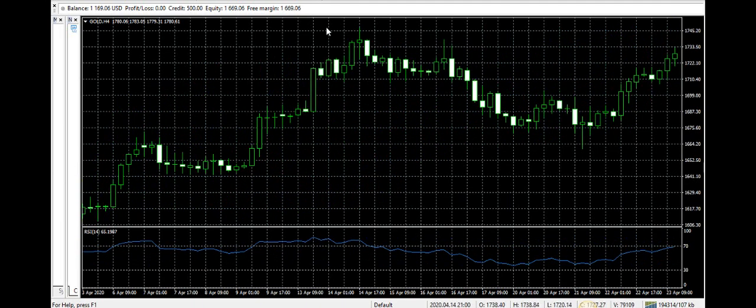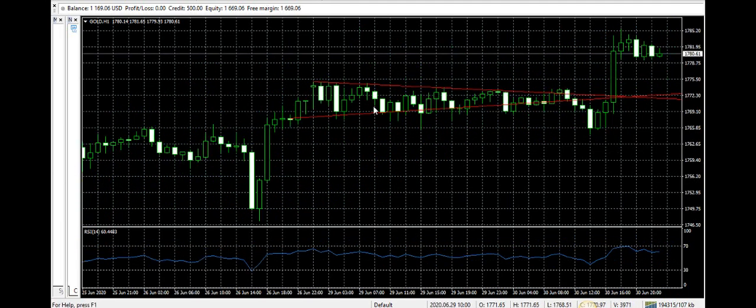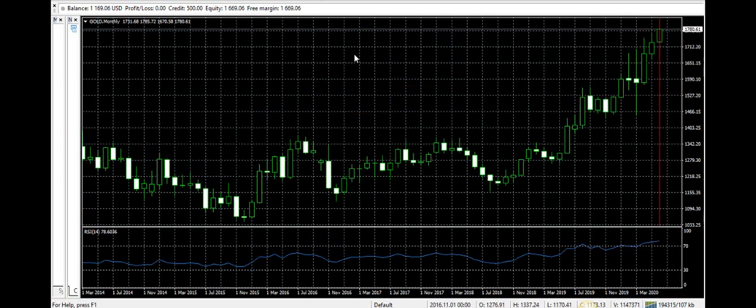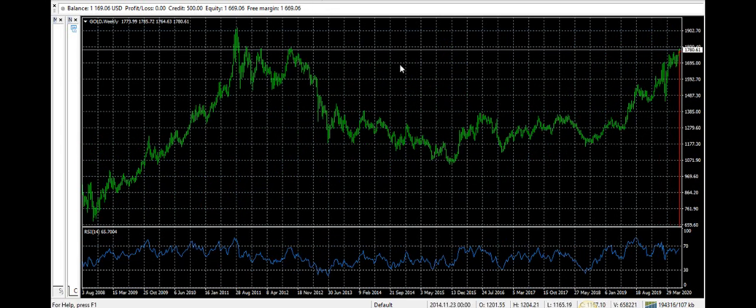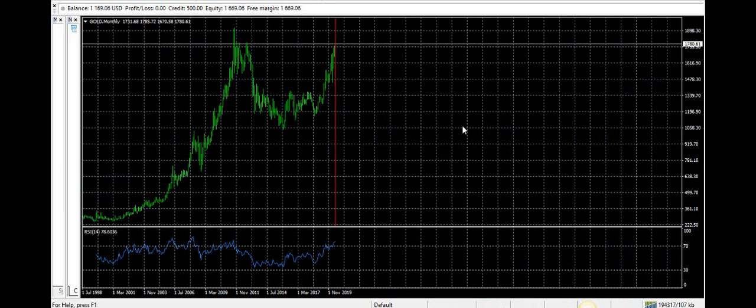So that's really it. We get a baseline picture of where trend is from the monthly down to the weekly, and from lower time frames, we'll go from there. But you really just want to look at the big time frames, and this will start to give you an idea. Really, we're kind of creating a formula.